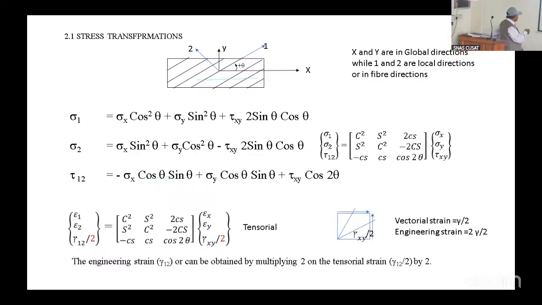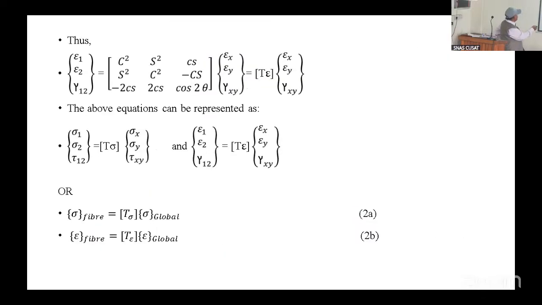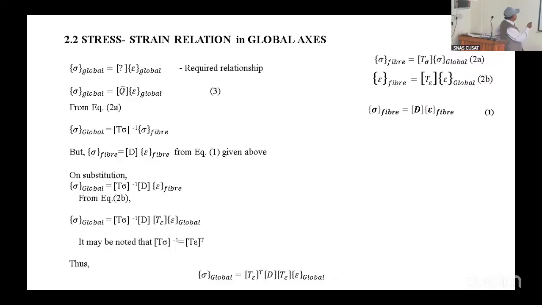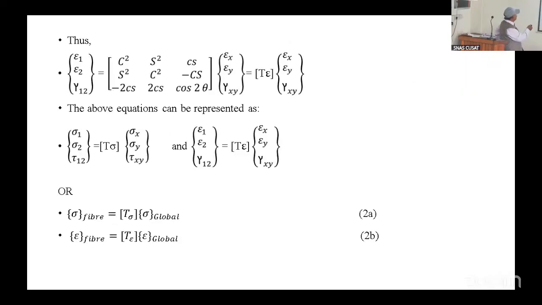In this direction, multiply the right hand side and left hand side with 2. When you multiply the 2, this 2 goes out, this 2 also goes, but a 2 will come. So this divided by 2 has disappeared because tensorial strain has been changed to engineering strain.